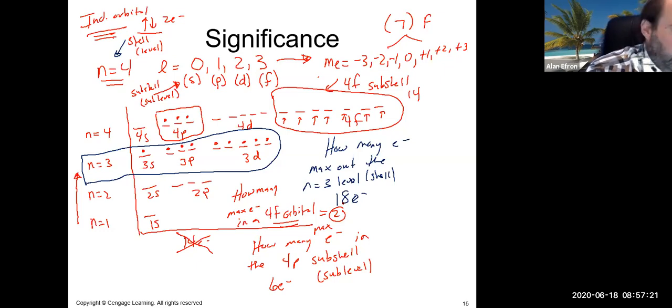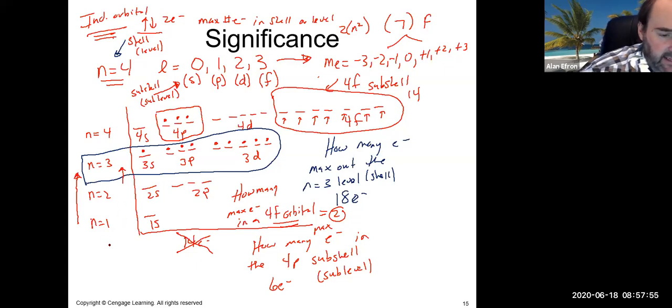There is a formula you can use to quickly calculate the total electrons if you wanted to max out a level or shell. The formula for the max number of electrons in a shell or level is 2 times n squared. You square n first and then multiply by 2. For example, this is the one we did previously.